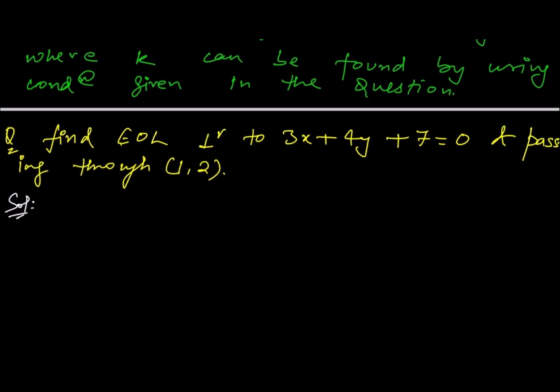Okay, so consider the equation of the line to be 4x minus 3y plus k is equal to 0, right? And also it is passing through (1, 2), so I can place 1 and 2 in place of x and y.